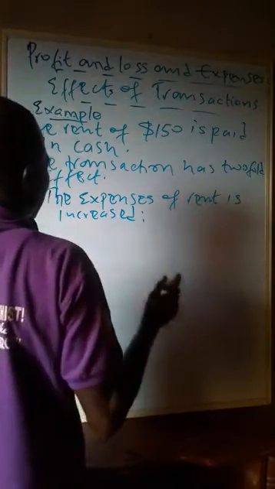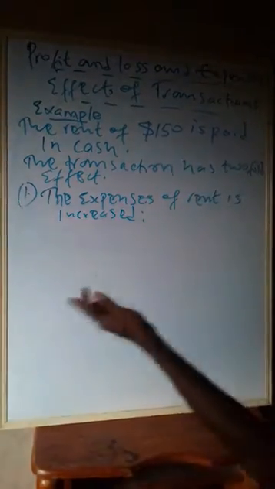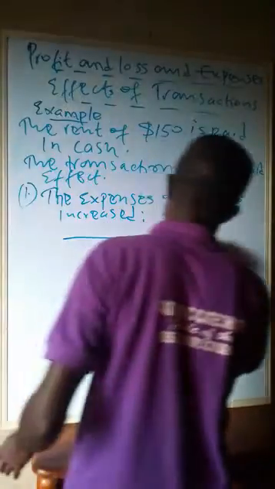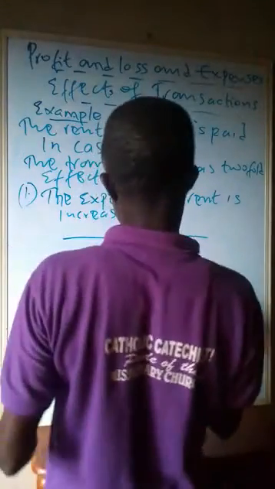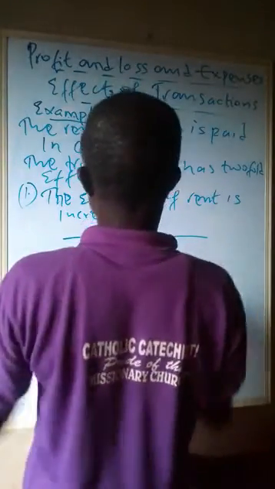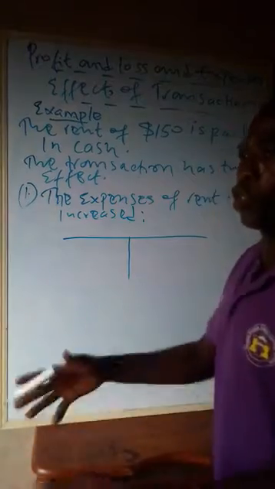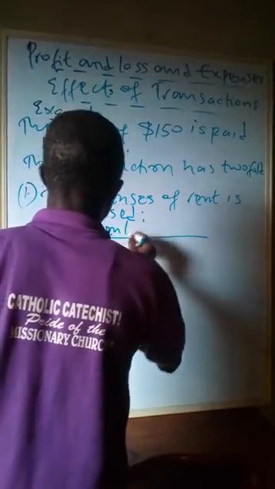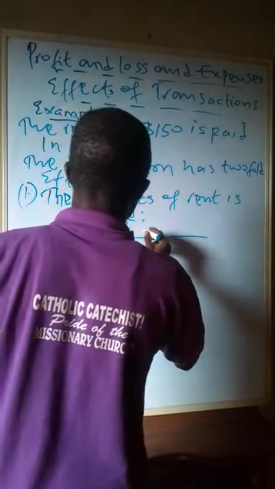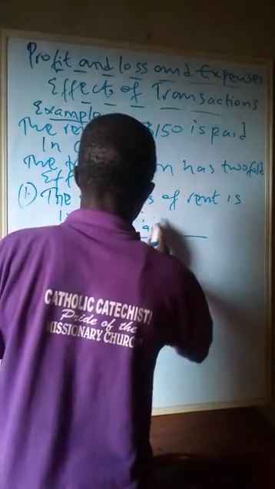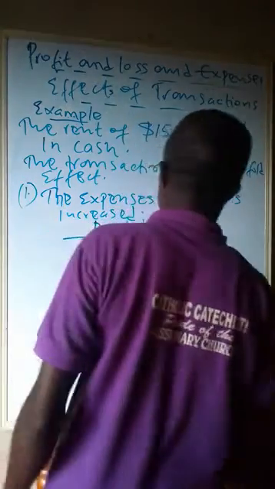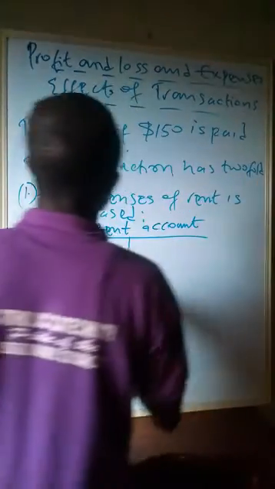And when expenses of rent is increased, you debit rent. We are talking of expenses today. We are not talking of assets of stock. This is expenses. After the gross profit, you go to expenses. This is the rent account.